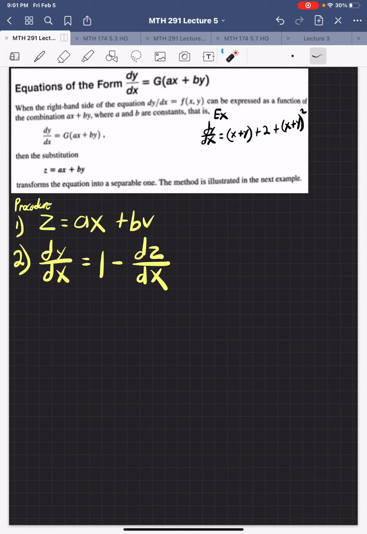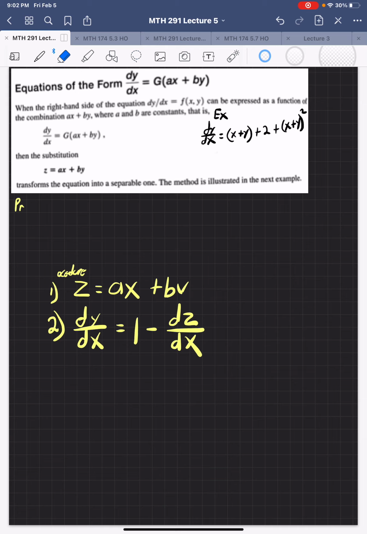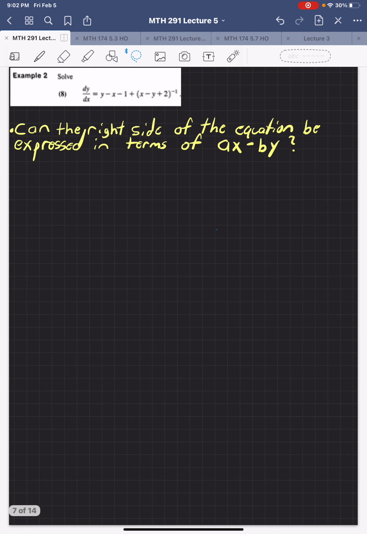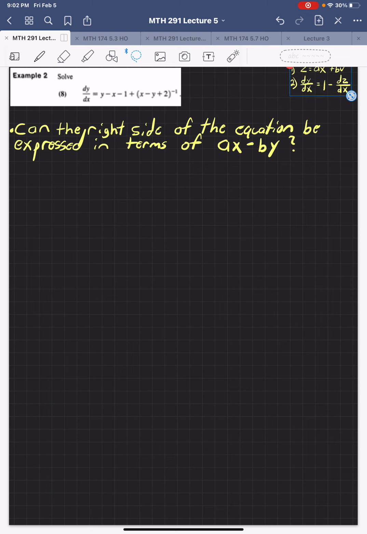So this is our procedure. Let's go to the example on the next page. Okay, so we'll park that here. All right, ready? So here we go. We have this equation already solved for dy dx.